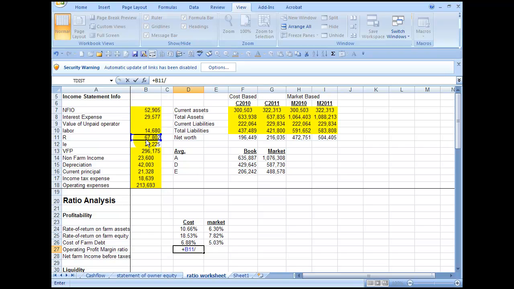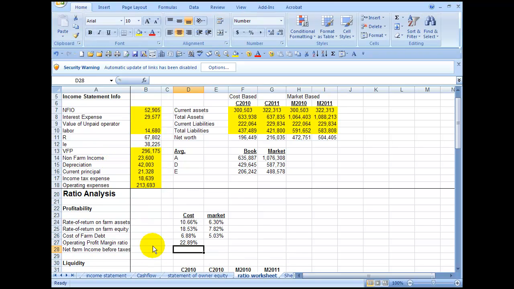Or this can be divided by value of farm production. We don't have gross revenue on here, so I'm going to do value of farm production. Now we need to do net farm income before taxes.